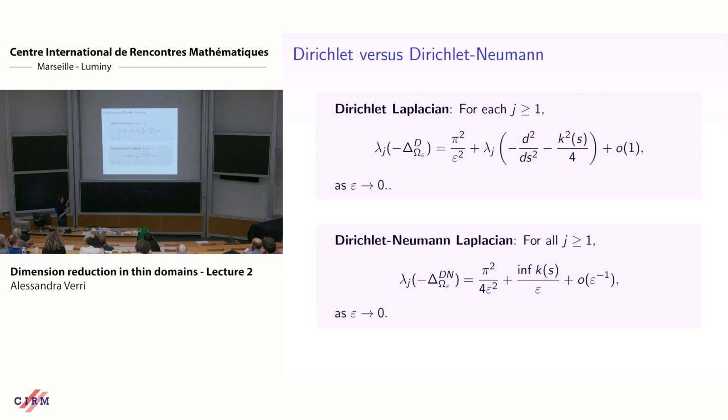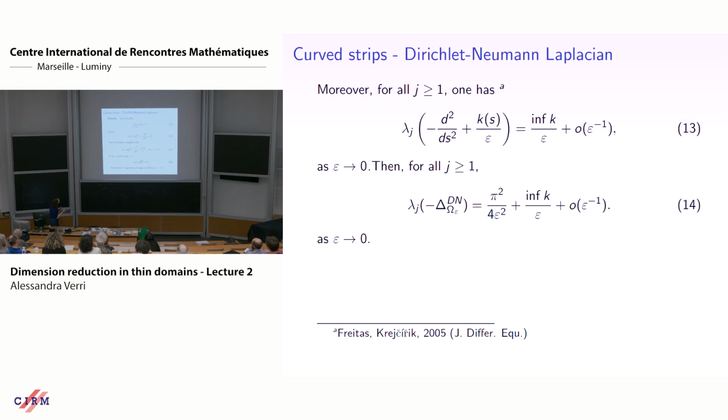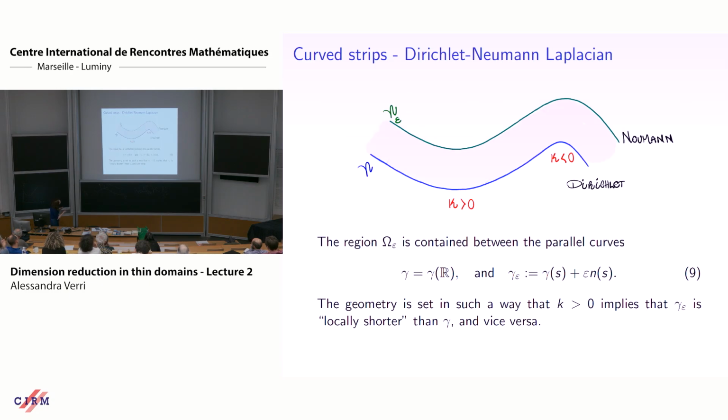In the second one, we have discrete eigenvalues if our curved strip at some point, I will come back to the picture, has the Neumann boundary locally bigger than the Dirichlet boundary.